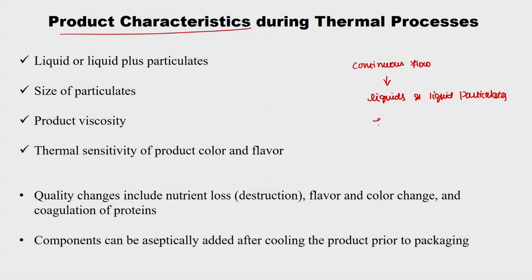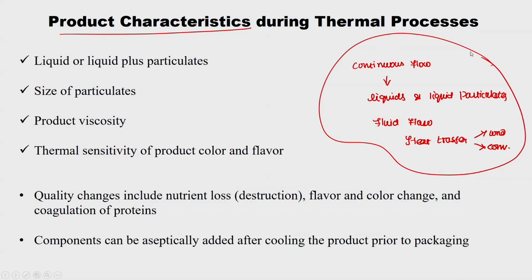So, it has all the phenomena: one is fluid flow phenomena, as well as heat transfer. In the heat transfer, conduction and convection are major. So, each product characteristic will affect the process and obviously affect the sizing of the equipment, right.